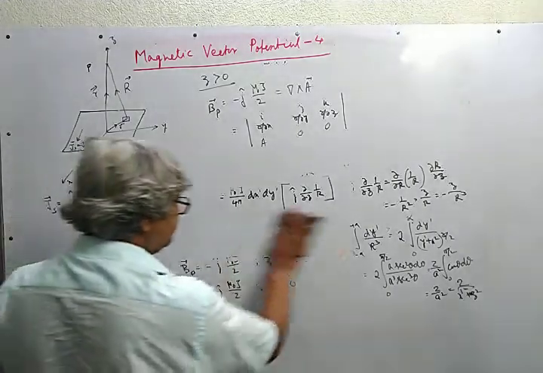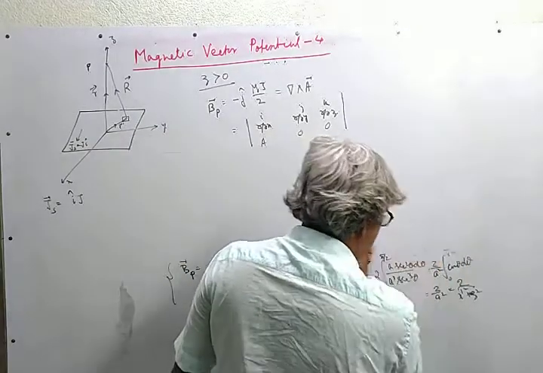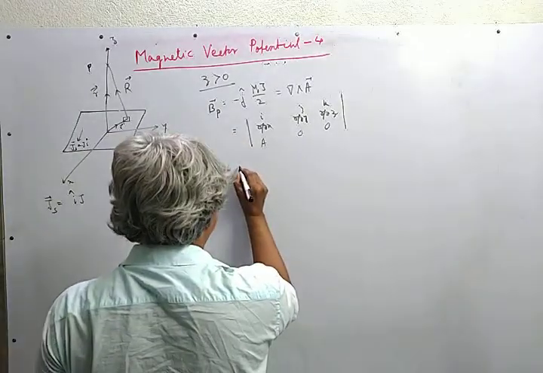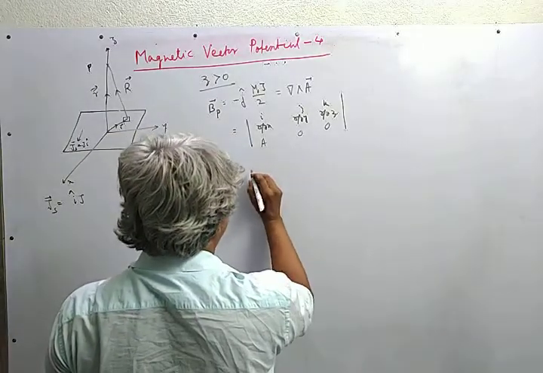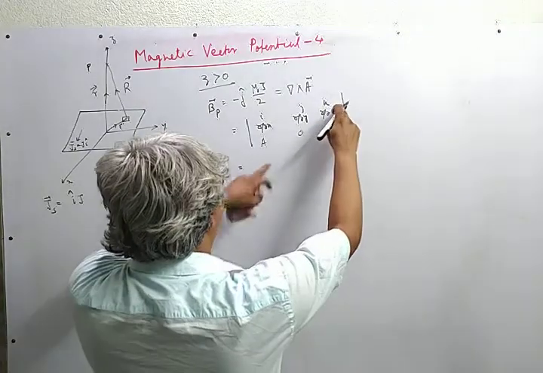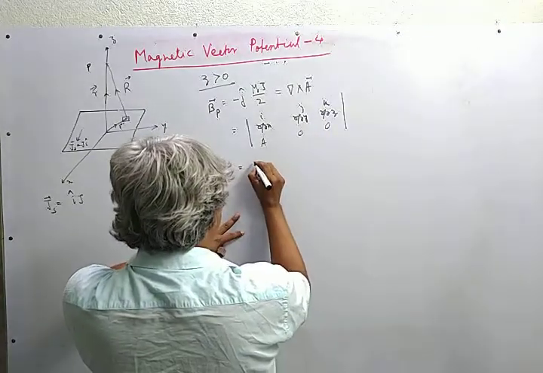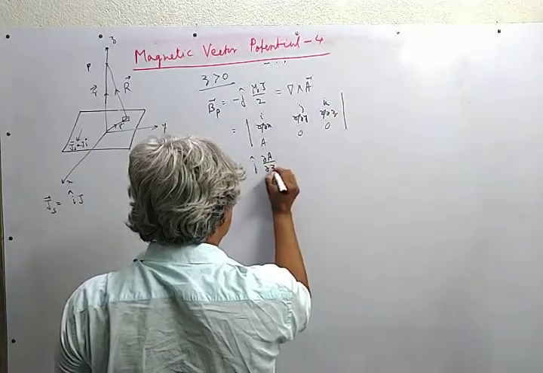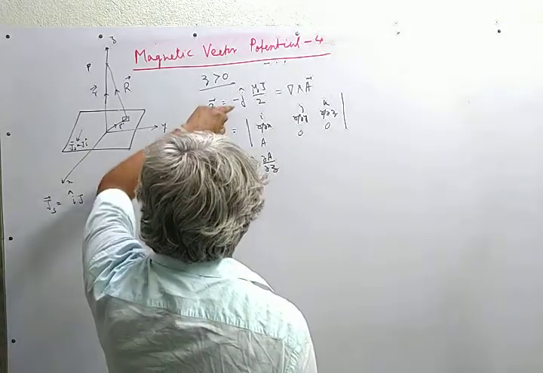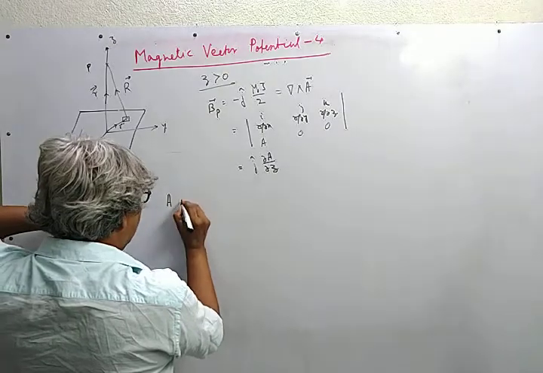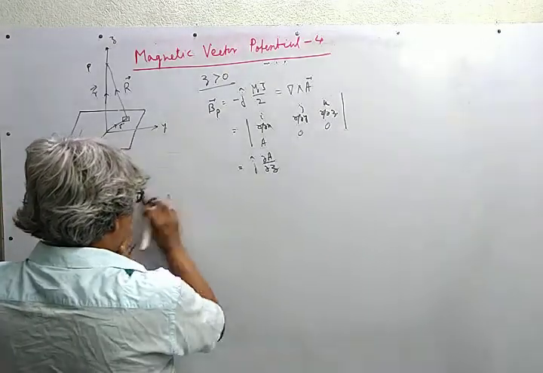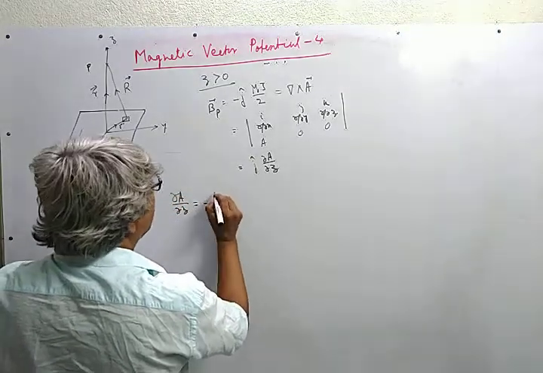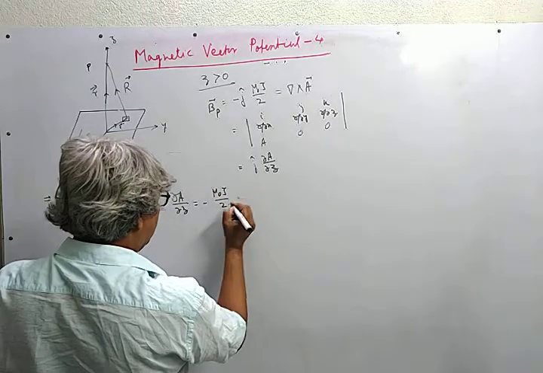So in this field, only the j component will survive. This is the j component. The j component is minus del A del z. If we compare it with this, we find that del A del z is equal to minus mu 0 j by 2.